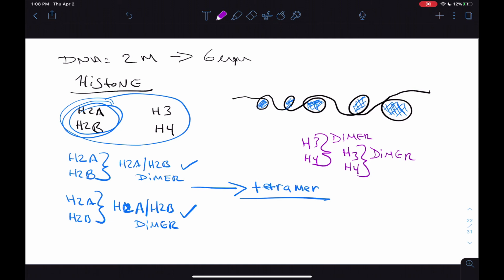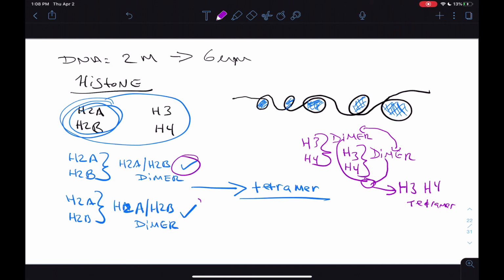Now these 2 dimers also link up to form an H3, H4 tetramer, just the same as these guys did.